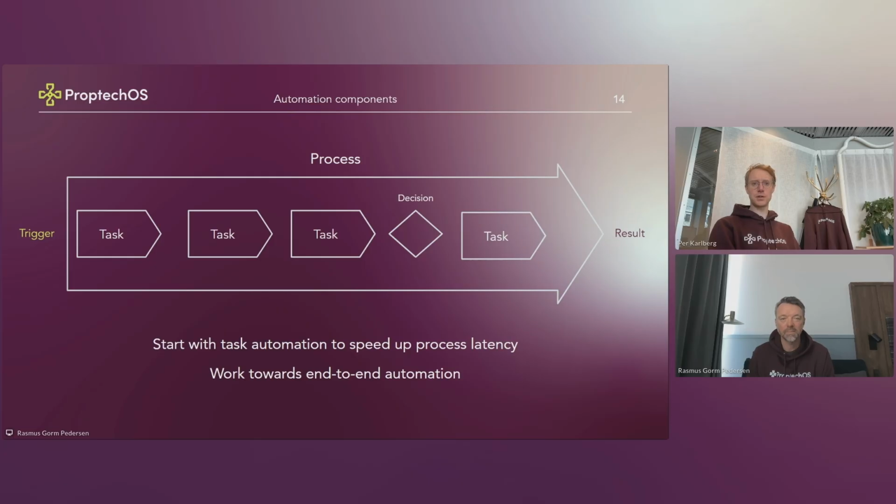And in most processes, there will be a decision, a fork in the road to decide whether to go on or not, whether to do A or B, and then some subsequent tasks based on that decision, and often carrying out something to get the result.